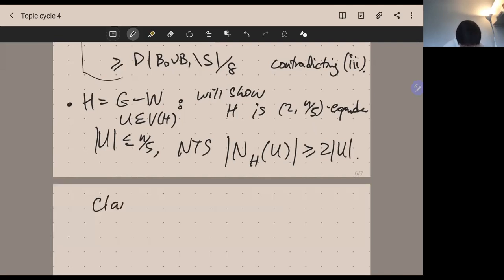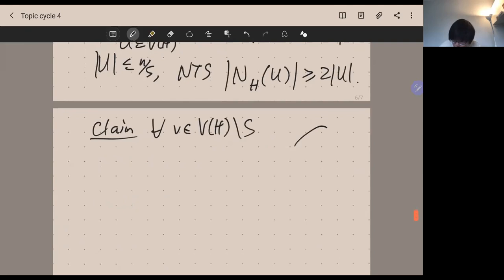But before that, there's another claim, which is for any vertex in V, not a small set of vertices, we have W, which is B0, B1, B2.